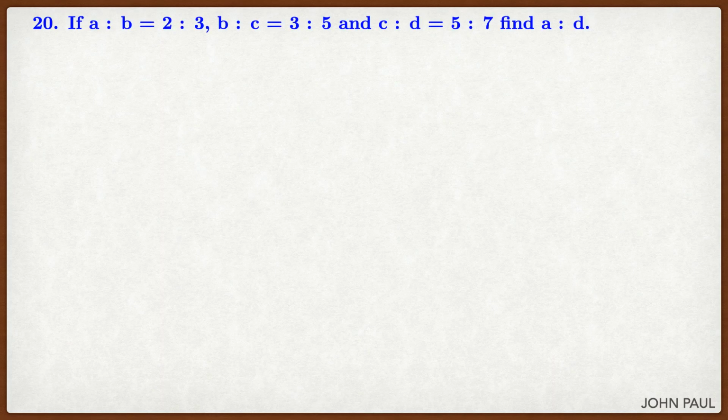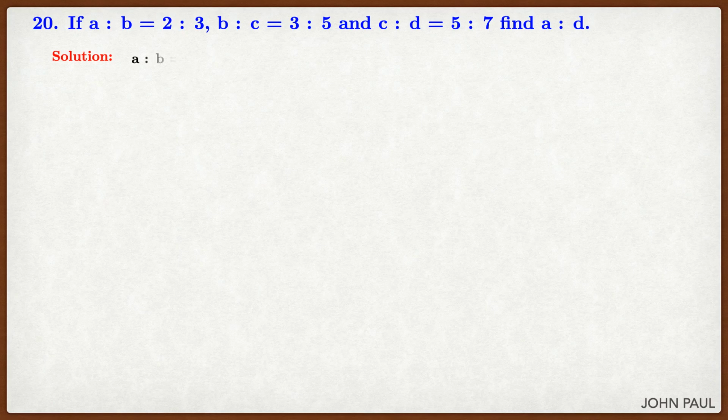20th problem. If A is to B equal to 2:3, B is to C equal to 3:5 and C is to D equal to 5:7, find A is to D. We want to find the ratio of A and D. Solution.